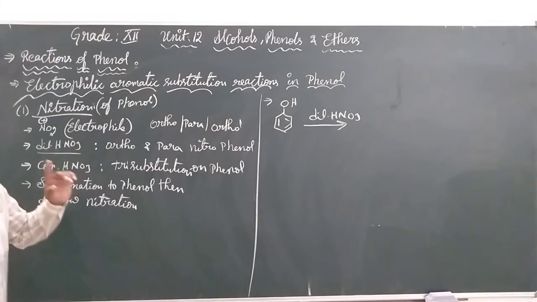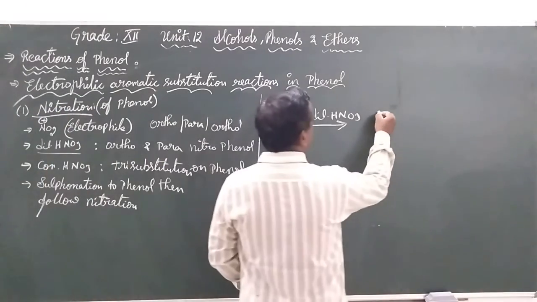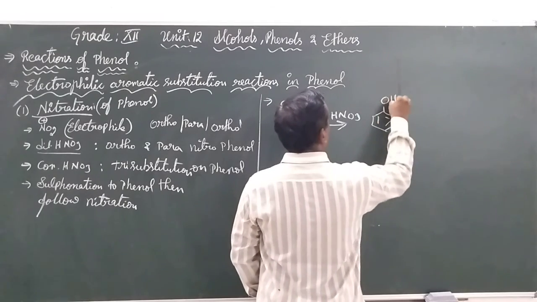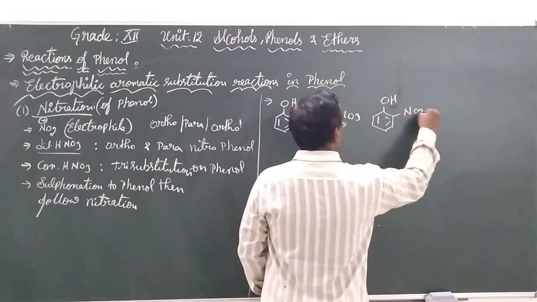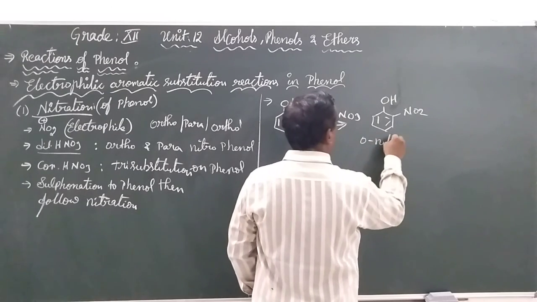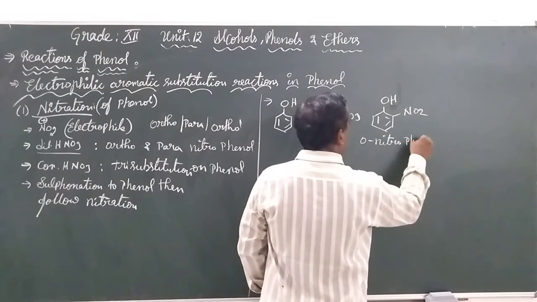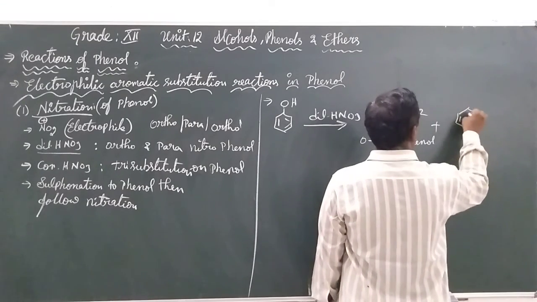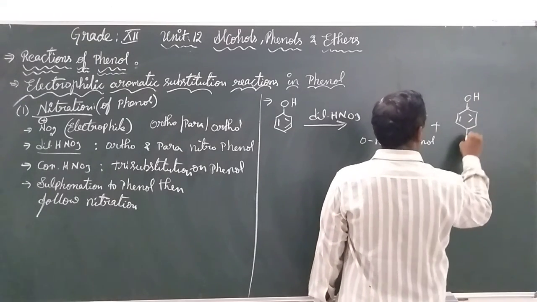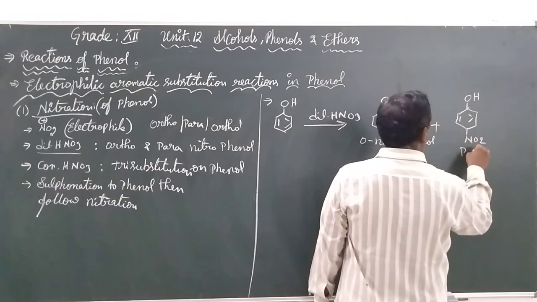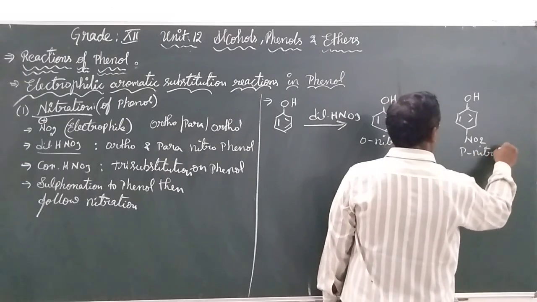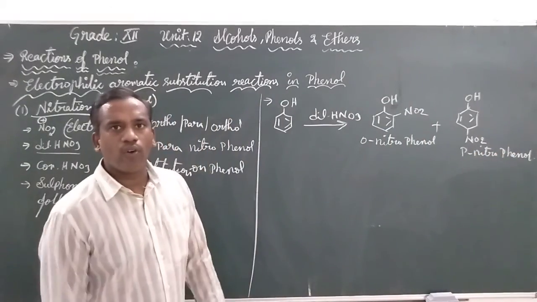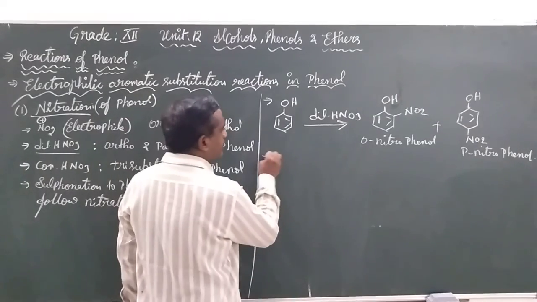Whenever we use dilute nitric acid, we get majorly two kinds of products. One is called ortho-nitrophenol, another one is called para-nitrophenol.